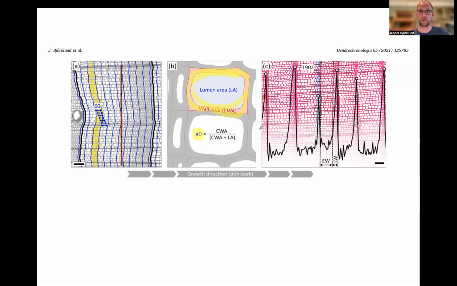And from doing this on consecutive bands throughout the ring, we can build up profiles like this and similarly take out the maximum density value from each ring.